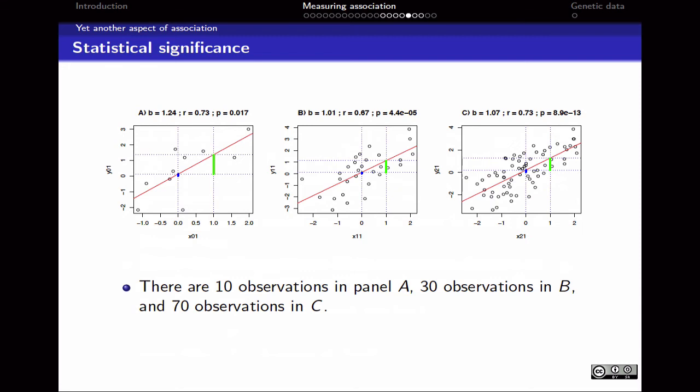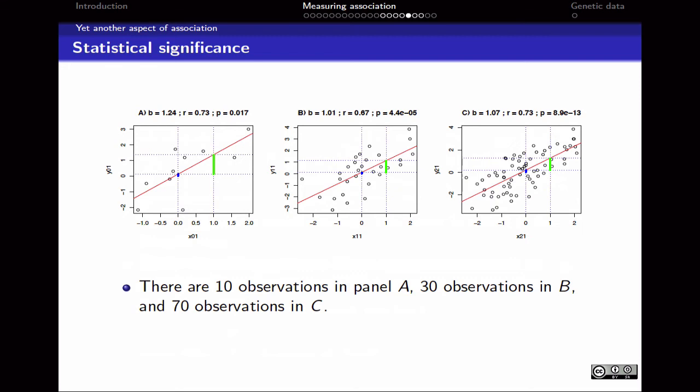Okay, let's revisit our results for these data sets where we have seen roughly the same coefficients of correlation and regression, but the number of observations was different between these three data sets. You can see that with panel A, where we have a small number of observations, the p-value is 1.7%.